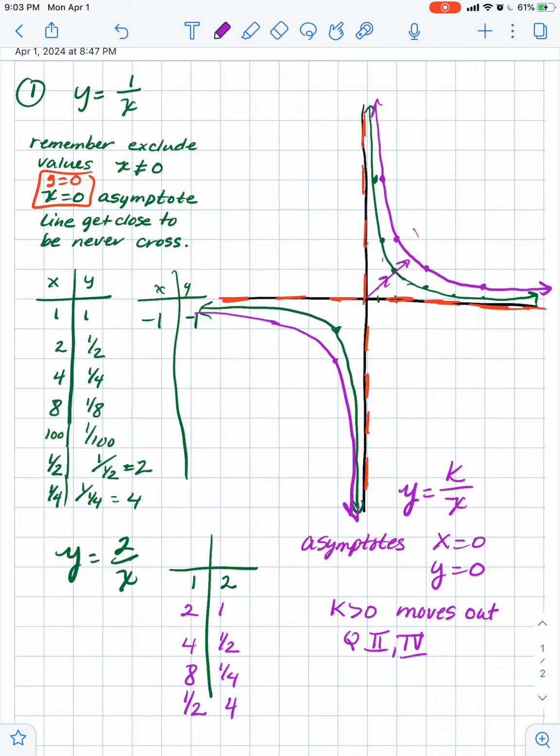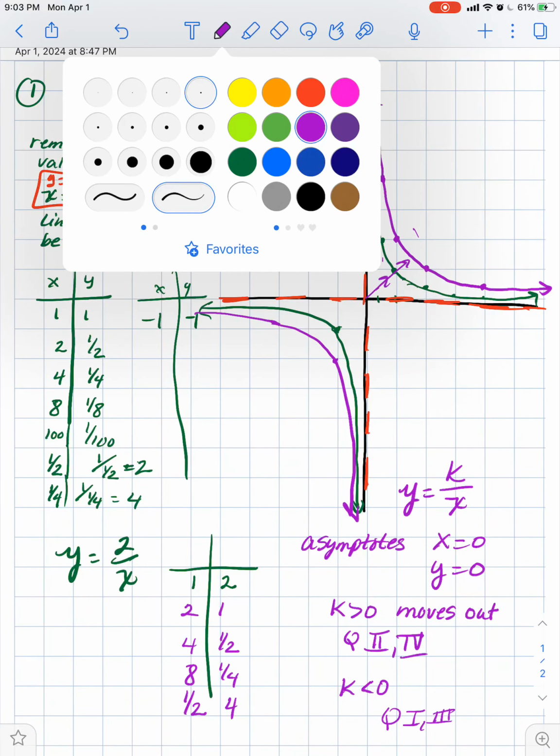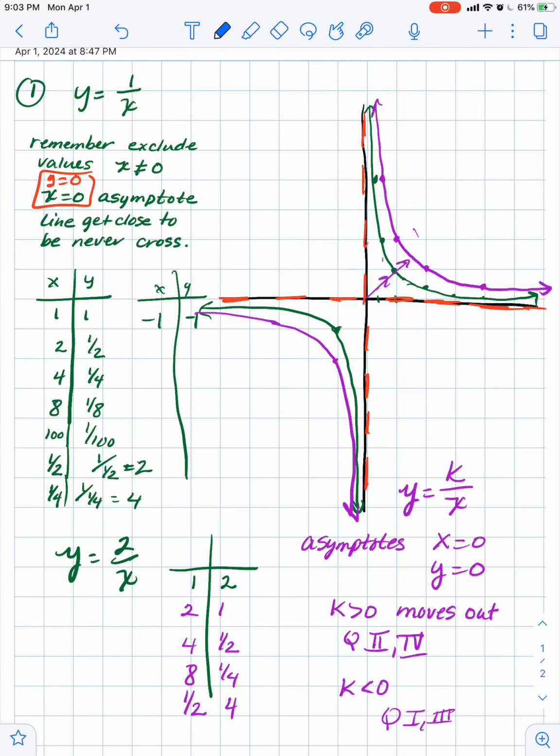Now, if your k is negative, less than 0, then what it does is it moves it to quadrants 2 and 4. So if your k is negative, then you're going to end up having your graph out here.